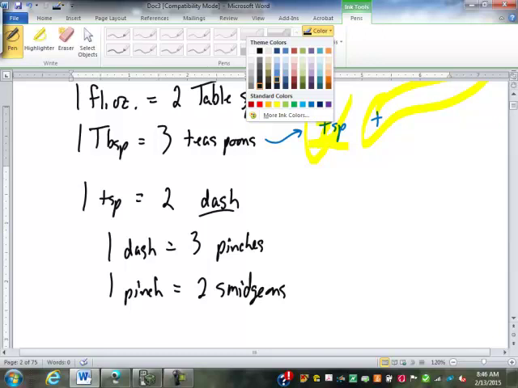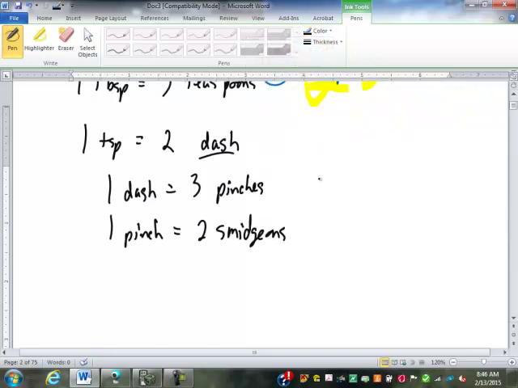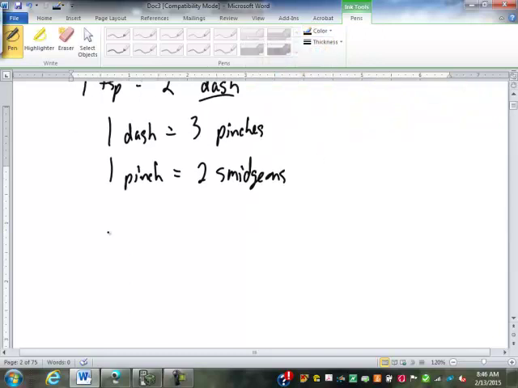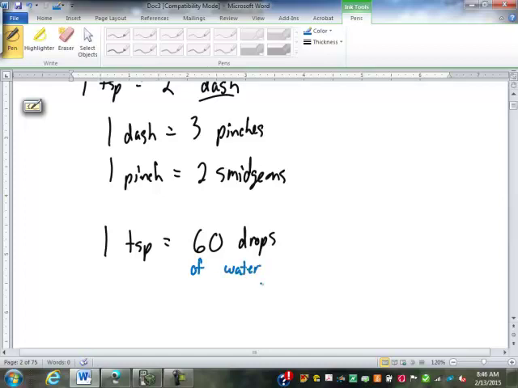Now we also have some smaller units that come into play in medicine. One is a teaspoon is 60 drops. Now I have to be very careful with this. It's 60 drops of water.